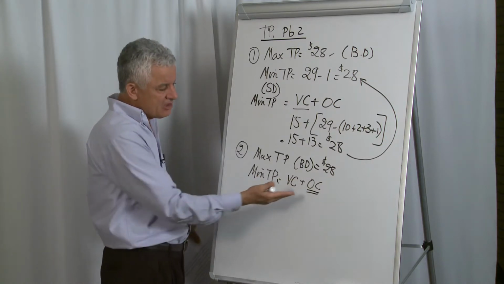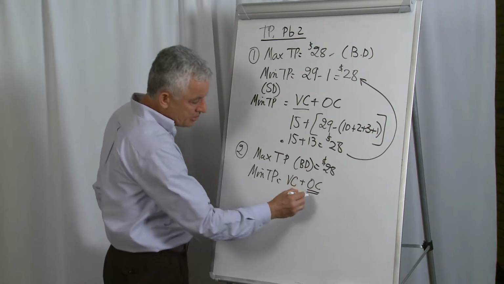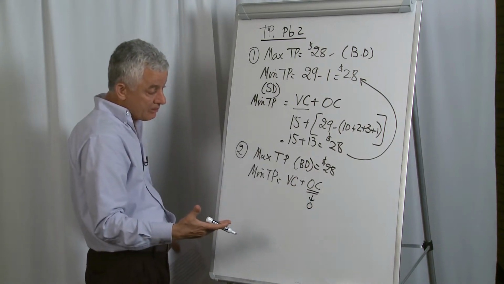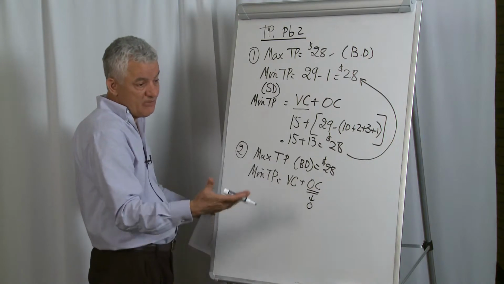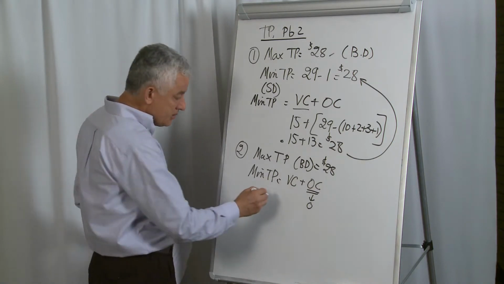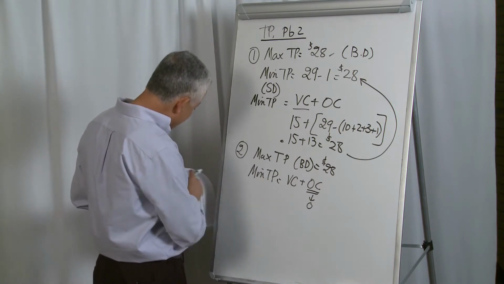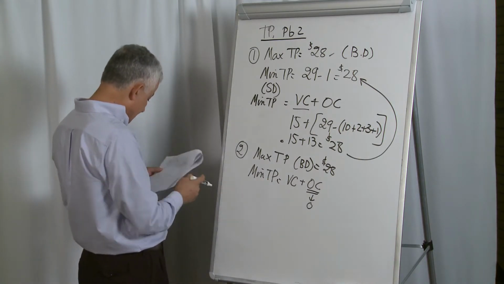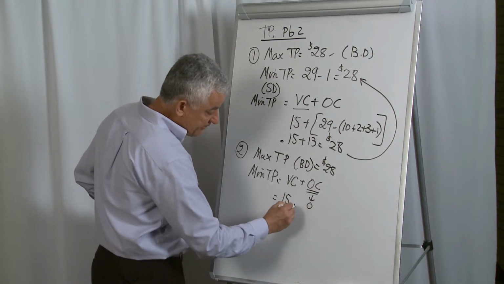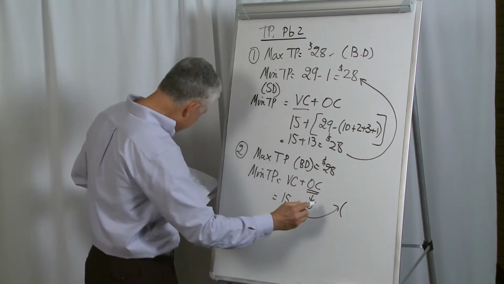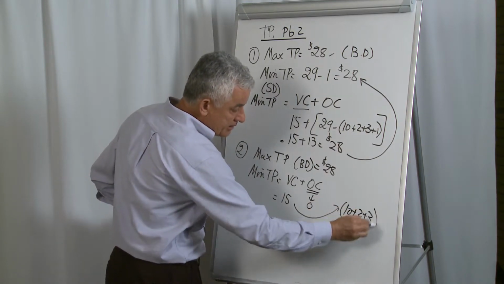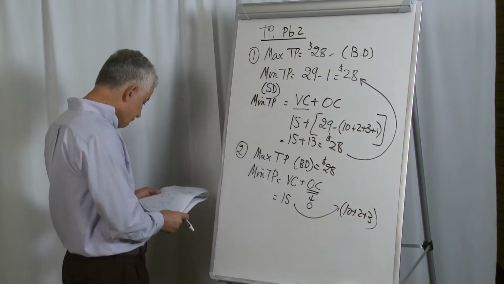We don't have an alternative usage of our capacity, so the opportunity cost is 0. We're stuck with 50,000 units of idle capacity. So the minimum transfer price would be the variable cost, which is 15. To get 15 is 10 plus 2 plus 3. That's in your problem.